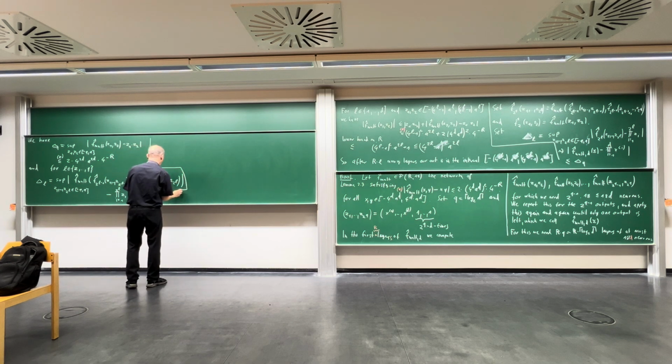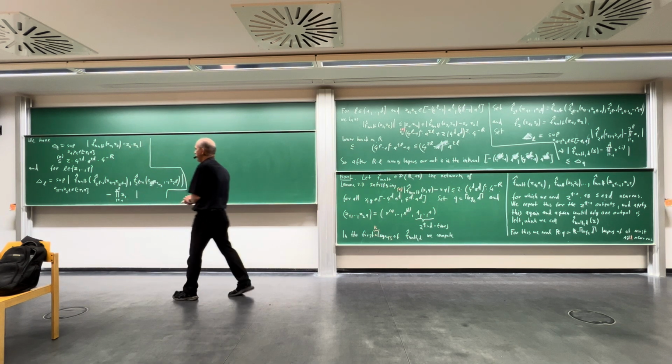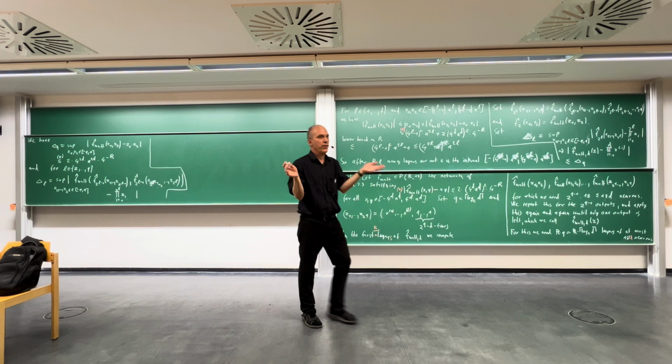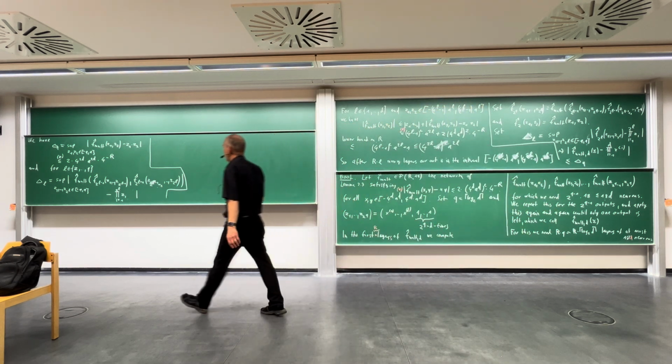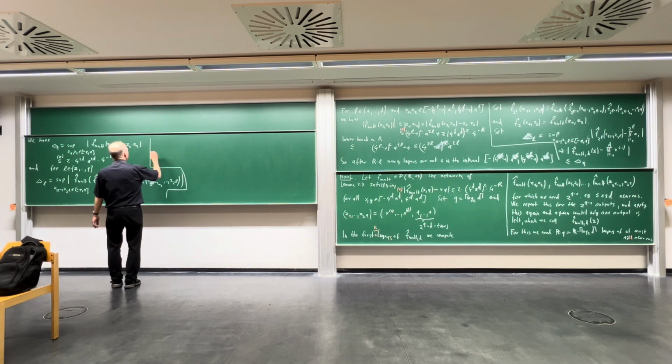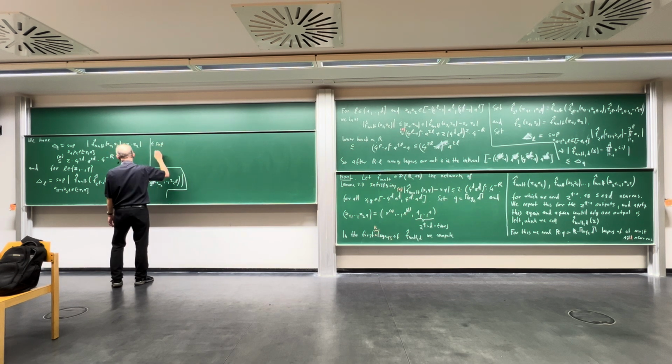And I use the triangle inequality to split it up in 3 terms, and the supremum over a sum is less than the sum of the supremum, so we get the supremum over z1 to z2L.